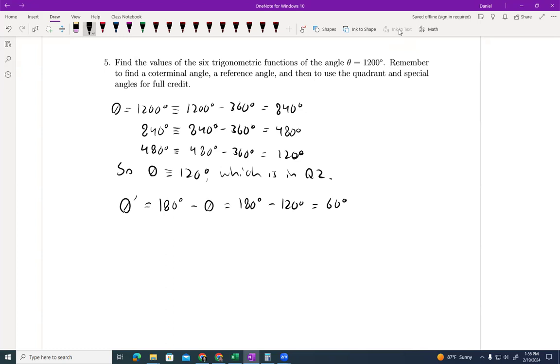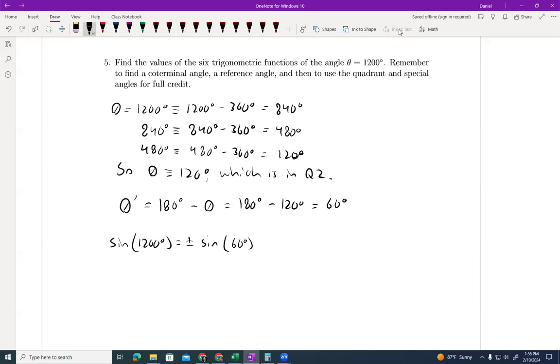So if I want to know what sine of 1200 degrees is, it's equal to either plus or minus, and we don't know which one yet, sine of the reference angle. Now, remember theta is coterminal to 120 degrees, so it has the same terminal side.